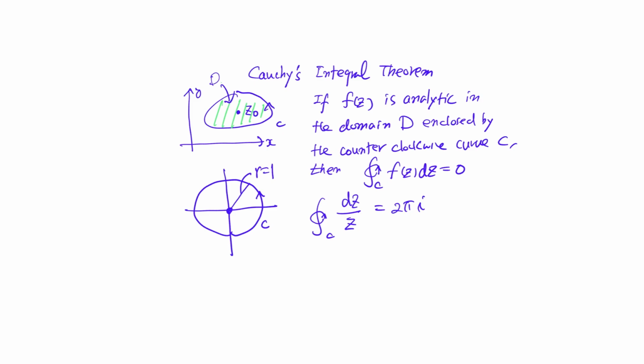And also the integral of z to the m dz is either 2 pi i or 0. When m is minus 1, then this integral is 2 pi i, otherwise it is 0. So we have a little bit more to do.